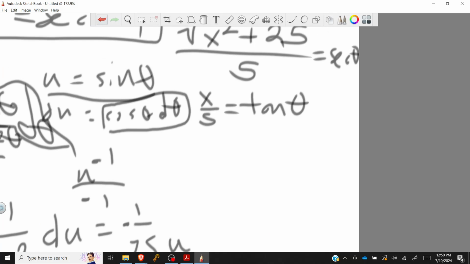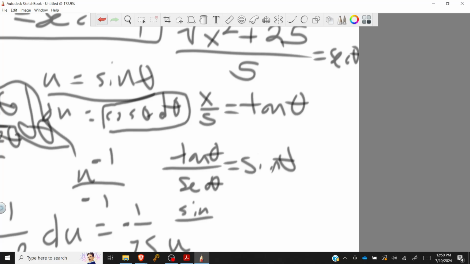And if you remember, tan theta over secant theta is equal to sine theta, because if you break it apart, when the cosines cancel out, you're just left with the sine.